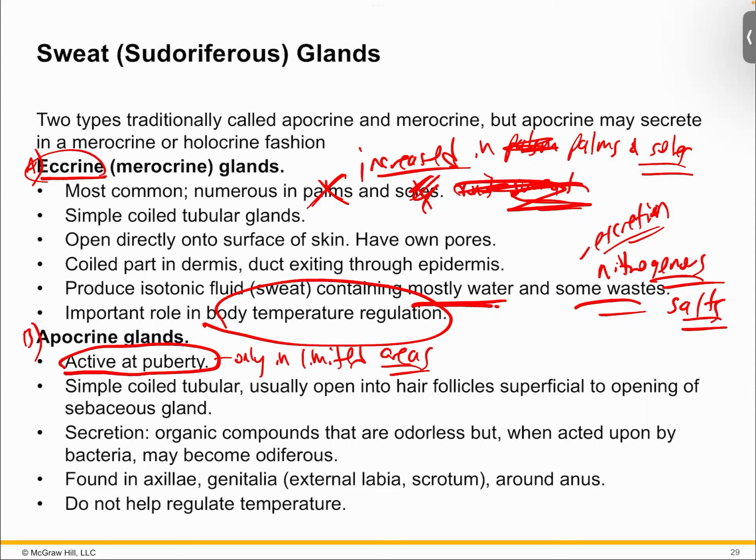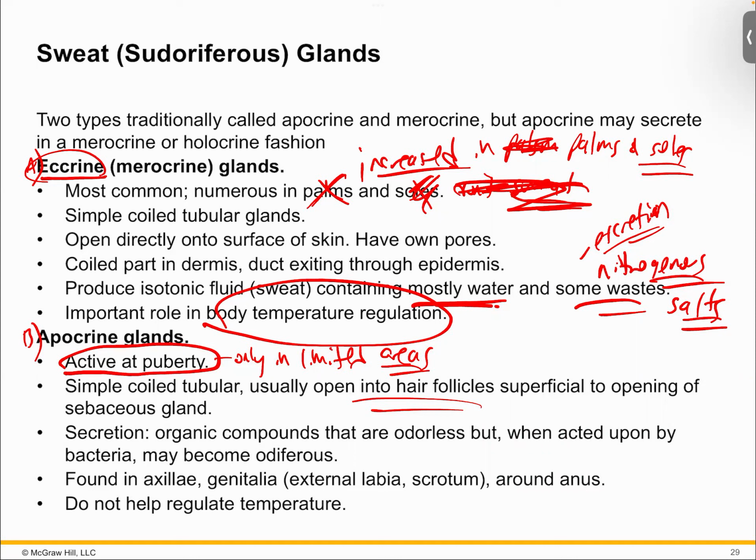Unlike the eccrine sweat glands, which are the ones that cool you off, these ones will open up into hair follicles and kind of combine with your sebum. So in these areas, you'll get an apocrine sebum garnish of secretions that comes out in the hair.